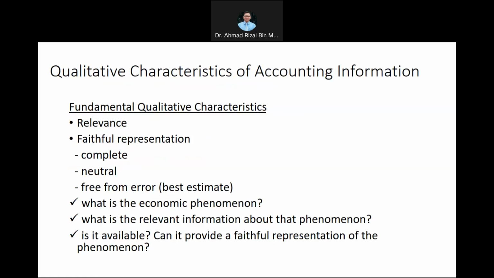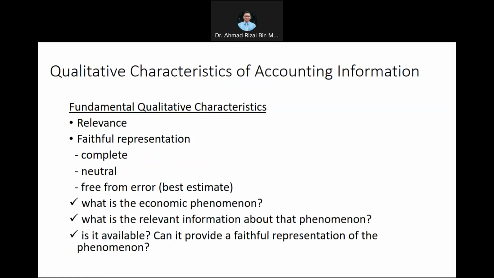Now, the faithful representation. This is where the managers, especially the financial managers, play an important role, whenever they report or record or present whatever information to the accountant and later on to the auditors. So it must be complete. You don't miss out, you don't hide, or you don't overstate.